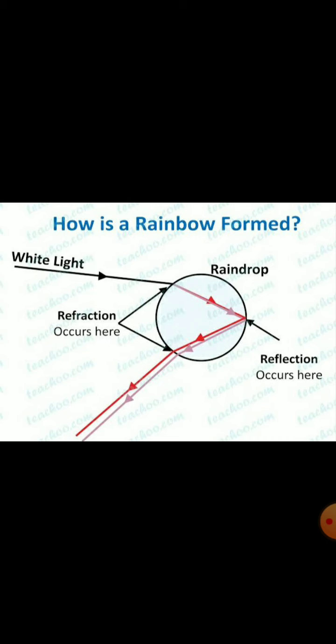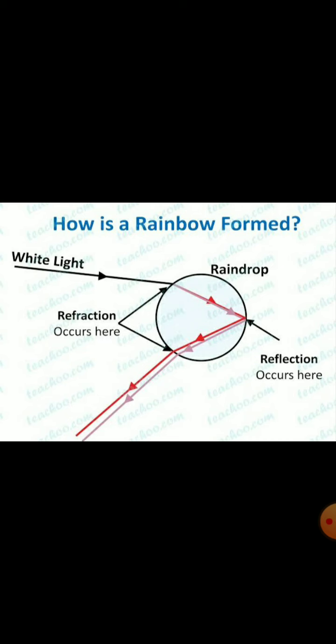Here, the word is used that the ray of light is reflected internally. This means internal reflection will occur. What is the meaning of internal reflection? Internal reflection means complete reflection of a ray of light within a medium.